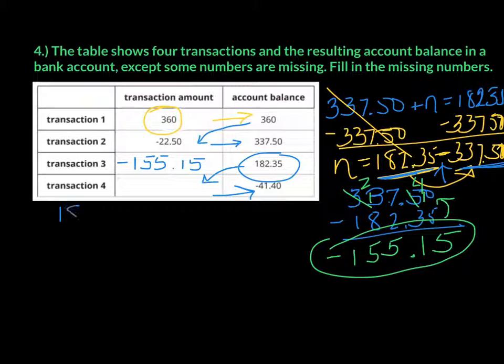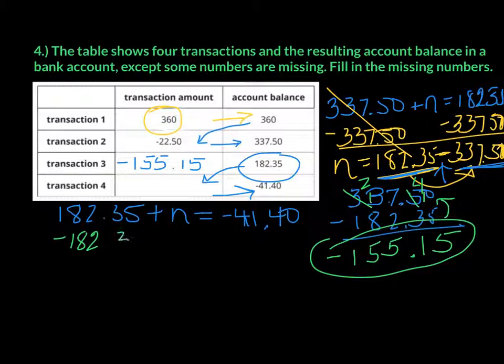I have 182.35. Something happens to it, and it ends up at negative 41.40. So how do I solve this? I take away 182.35 from both sides.